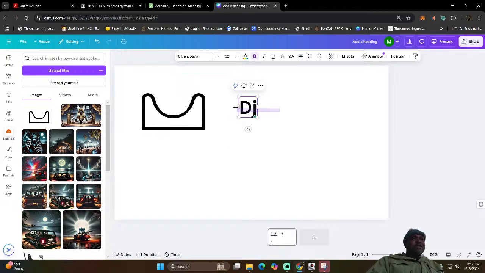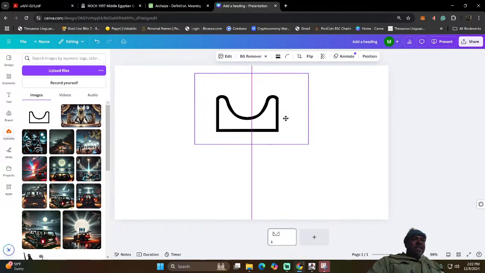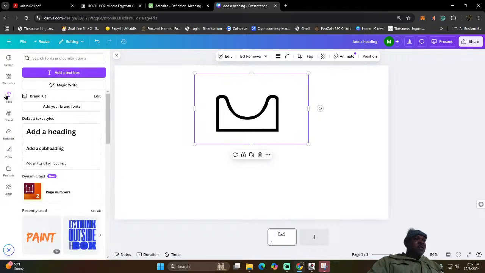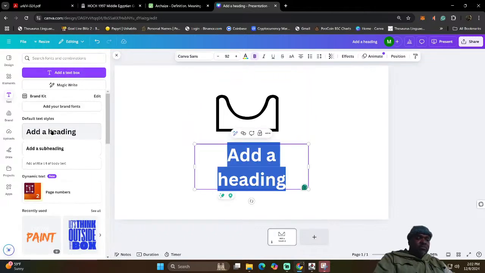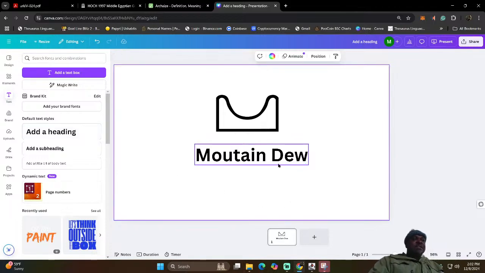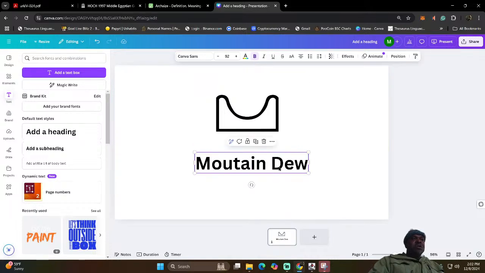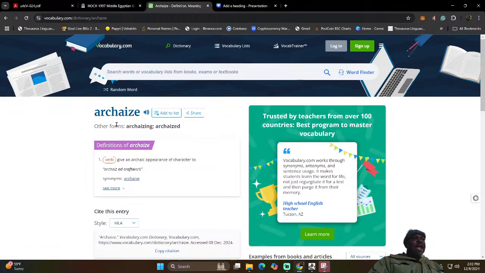But when you come across this symbol, you always can use my simple little way to remember it. And I just gave you the explanation for this. You can say Mountain Dew, even though it's Jew, because we just wrote about the archaisms, right?